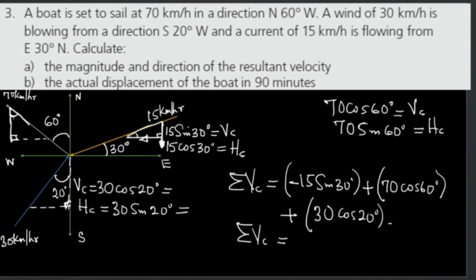And I'll also confirm from my side as well. With me here, I got 55.69 kilometers per hour. That's why I was asking you, your 55.69, is it vertical or horizontal? And you see it there. It's supposed to be vertical.